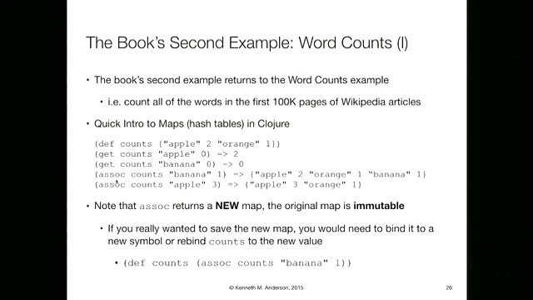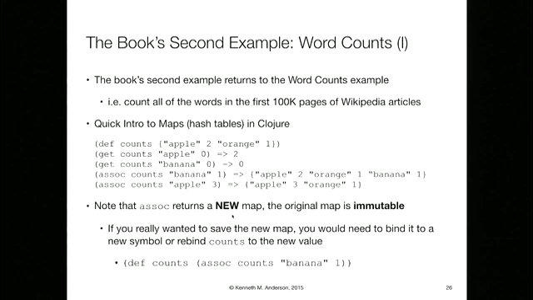Then if I want to create a new map or change it in some way, I use the associate function. So I associate with counts, banana, and 1. And that's going to return a new map. The old map is unchanged, and the new one has the original keys plus the new key value pair there. And then here I can use associate to change old values. So here I say associate counts Apple 3. We get back the original map, but now Apple equals 3 as opposed to 2.